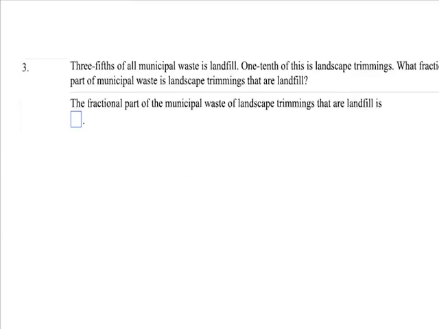It says 3/5, and I'll write that down in fraction form. 3/5 of all municipal waste is landfill, meaning things that they can actually go throw into a big old pit. 1/10 of this landfill is landfill trimmings.